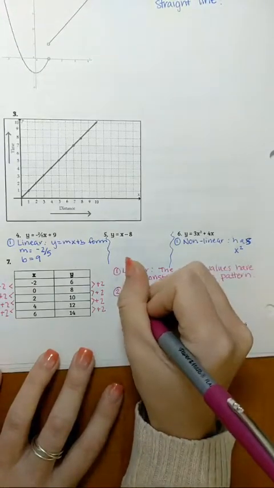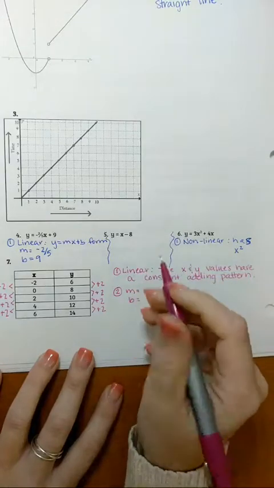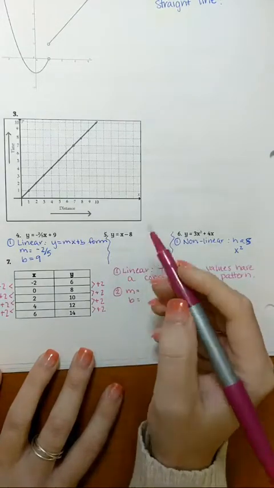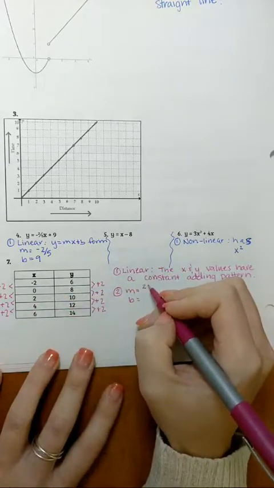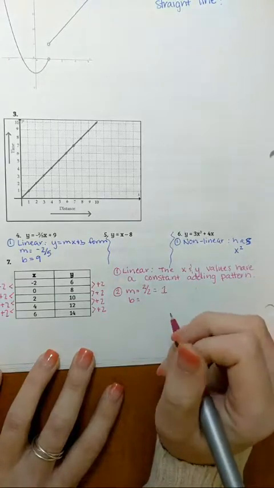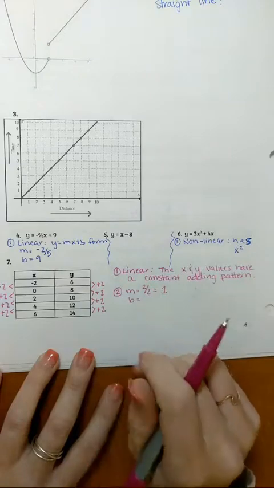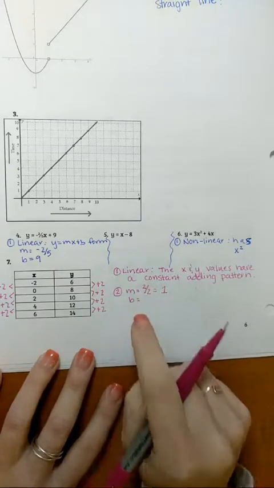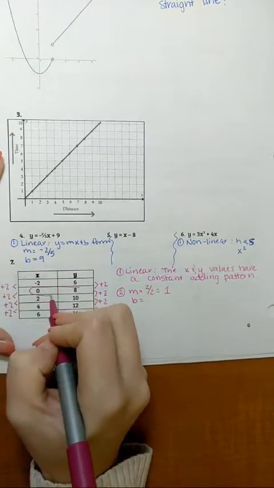So then we need to find our m and our b value. m is just our pattern, so the y's over the x's, that's 2 over 2, which just ends up equaling 1. And then our b value is when our x value is 0. So it's this point right here.